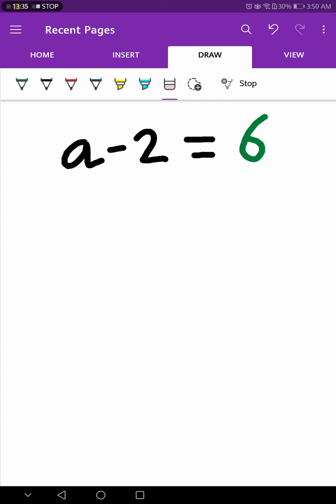Actually, it is easy. If the number is stuck here, you can divide by 2. But look, it is subtracted from the a, so how can we remove it? By plus 2, plus 2. So the minus 2 is a term, it is not a coefficient.